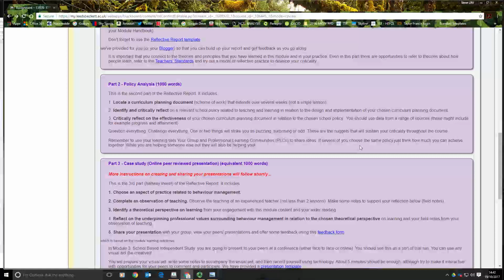And what we ought to see with a good policy is that whatever is written in that policy then feeds through into the planning documents, and even further from that into the lived experience of the pupils as they're going through their topic. And of course you might guess that doesn't always happen.